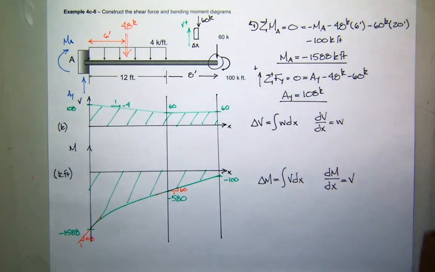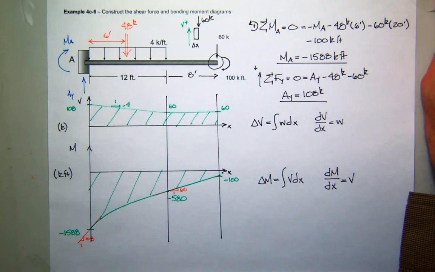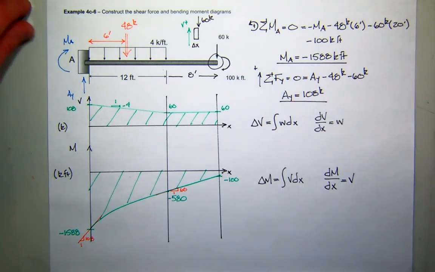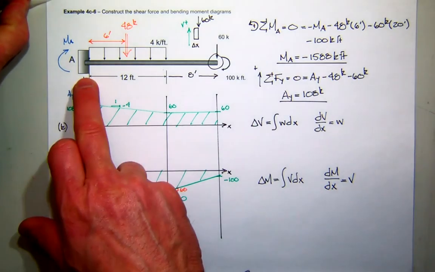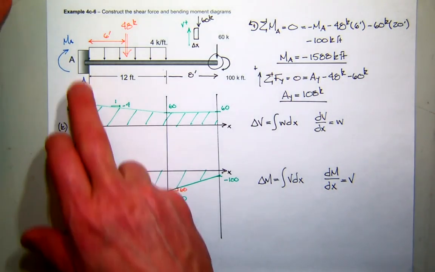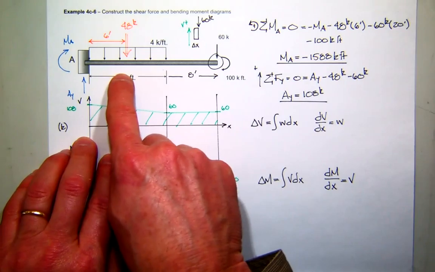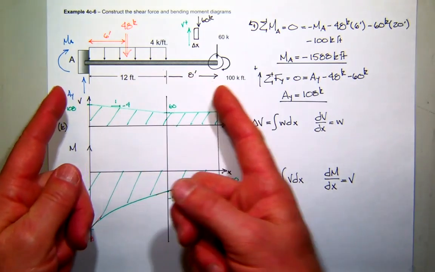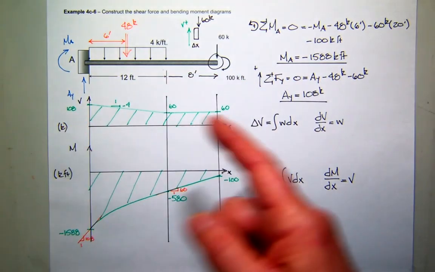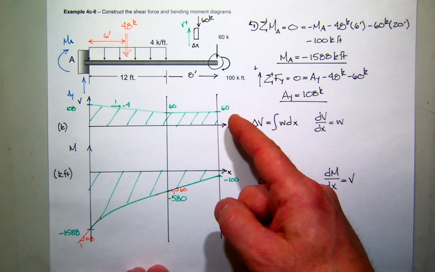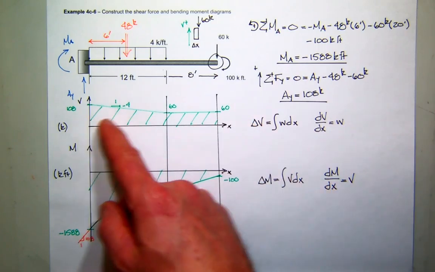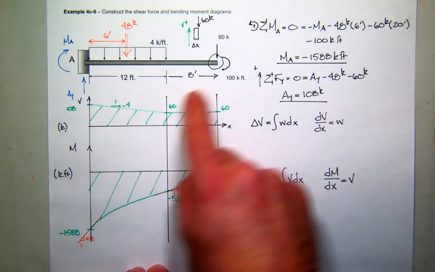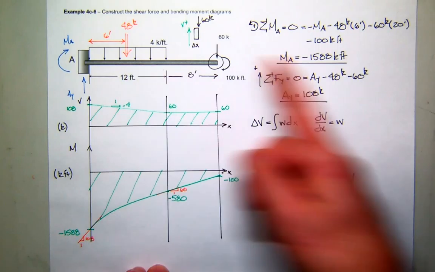Usually the maximum shear occurs at a connection, so you're going to start probably at a connection. Now, if I had the same problem but flipped it around, then you would see it start at 60 and increase up. Okay. So that's just direction.